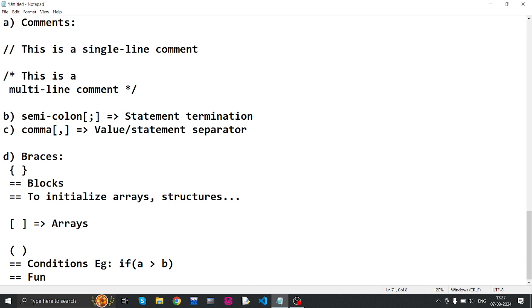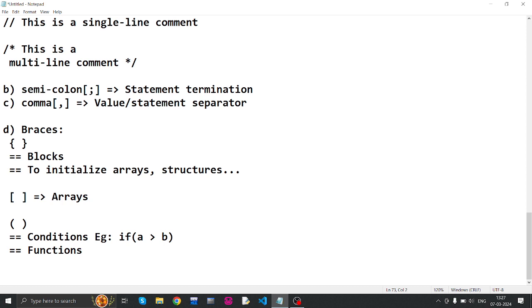The second purpose is to represent functions. Functions are a very important concept in C programming, so while writing functions also, we use these parentheses. What is a function, we will see very soon.